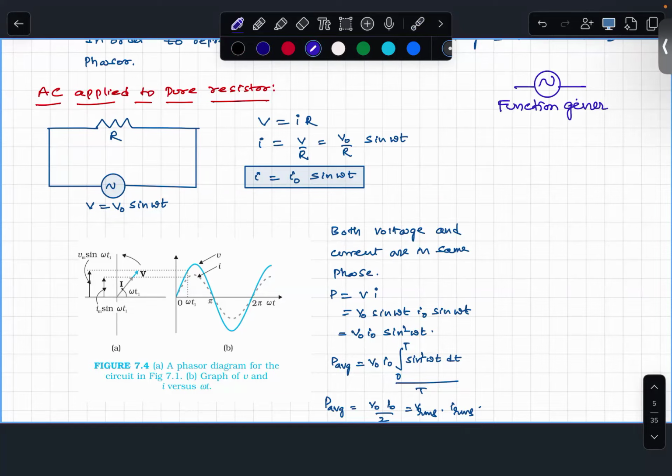Whereas for a DC, we call it a cell or battery. This is a function generator whose value is given by sine.